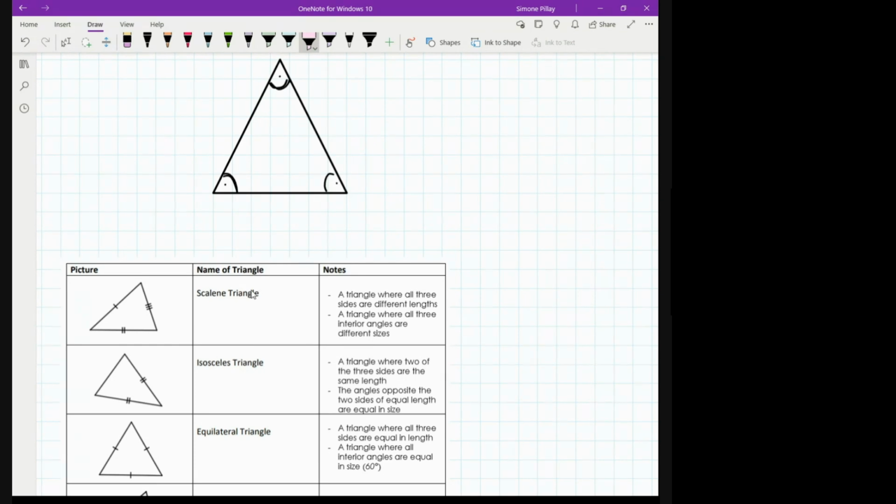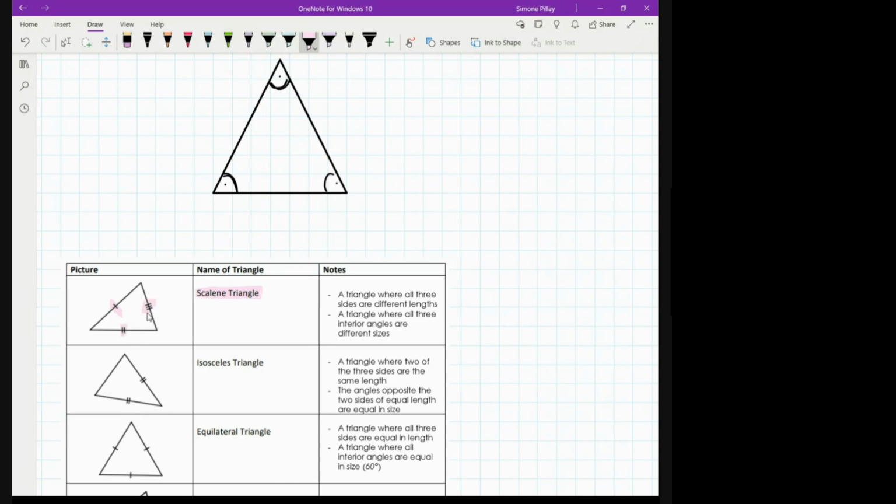When I talk about classify, I just mean there's different names for different types of triangles. And we can name a triangle based on the length of its sides. So we have a scalene triangle, and a scalene triangle is when none of the sides are the same.